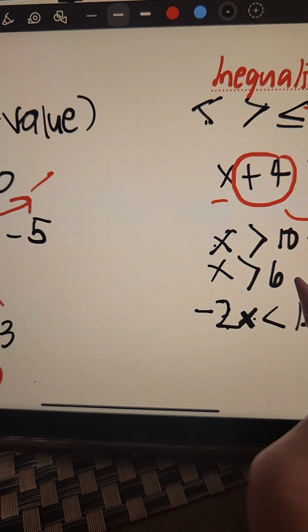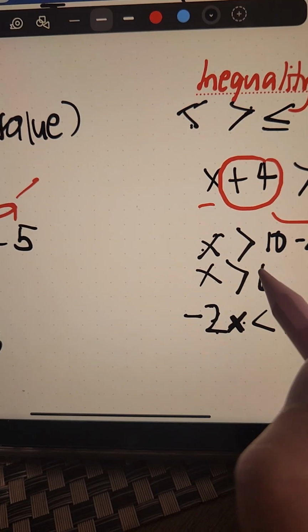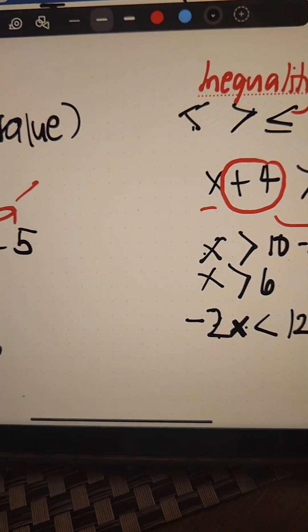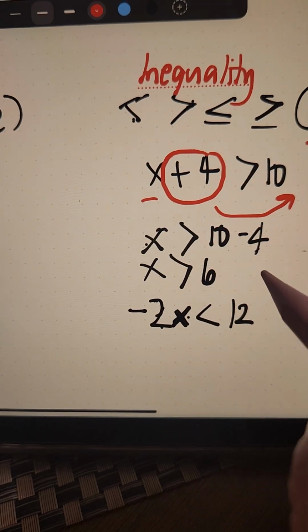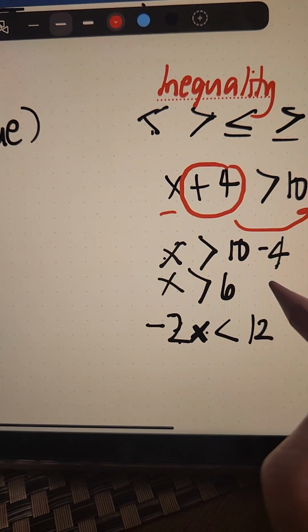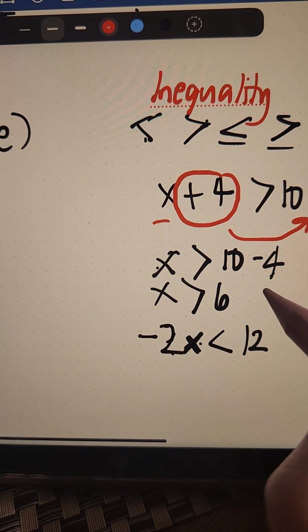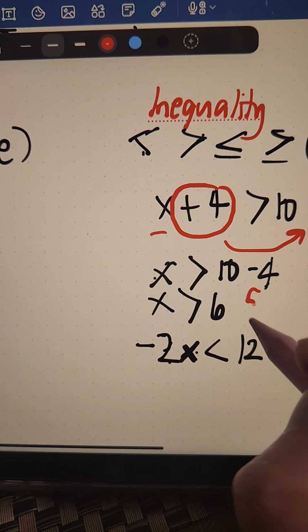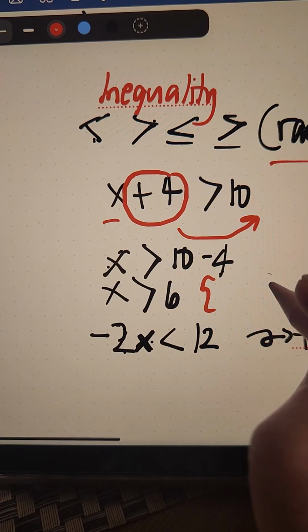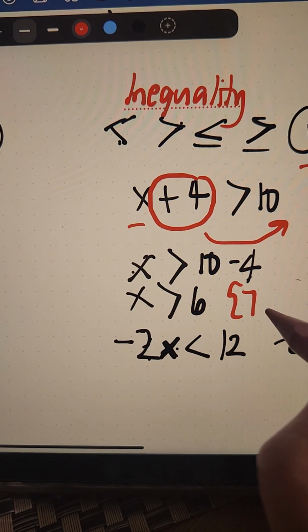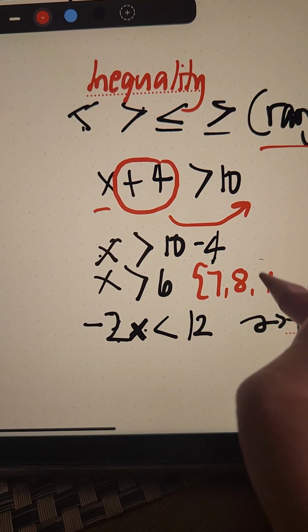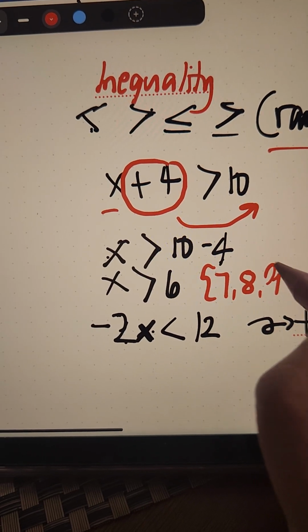Now, that's not the answer yet, okay? Because remember that when it's an inequality, it's a range. So there are many possible answers here. The possible answers are the numbers that can be greater than 6. We all know a number greater than 6 could be 7, it could be 8, it could be 9, okay?